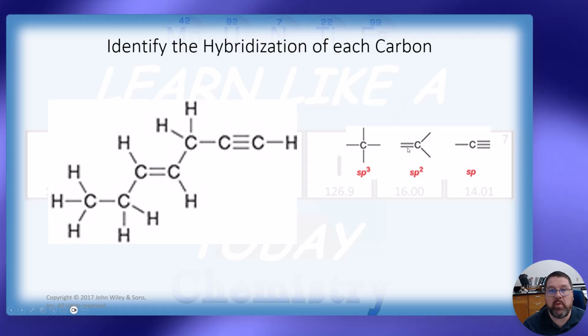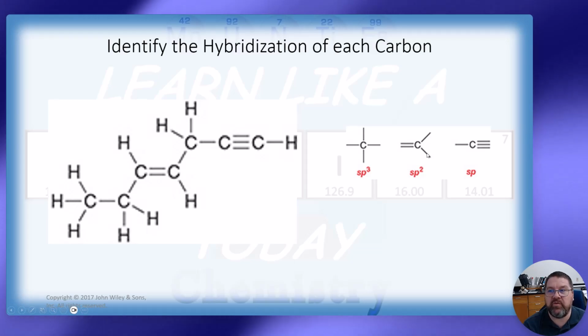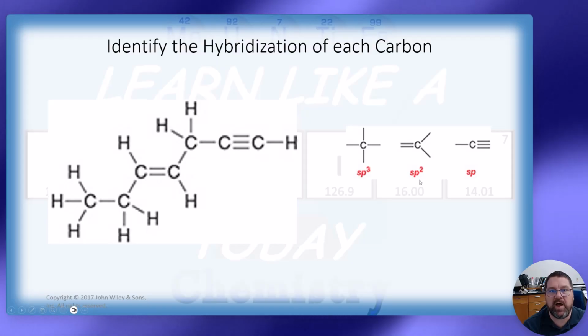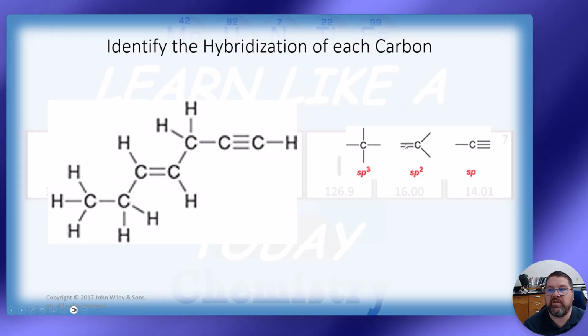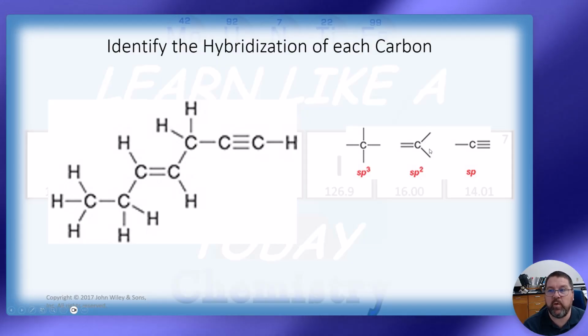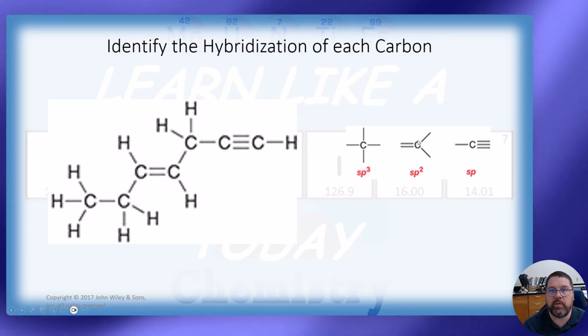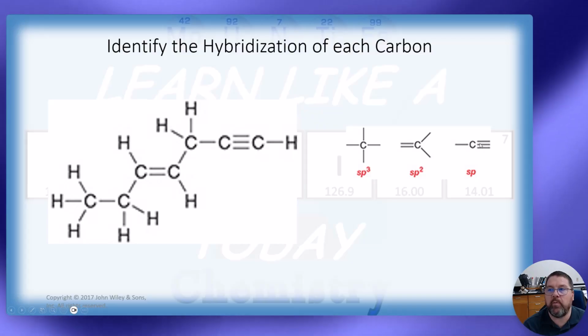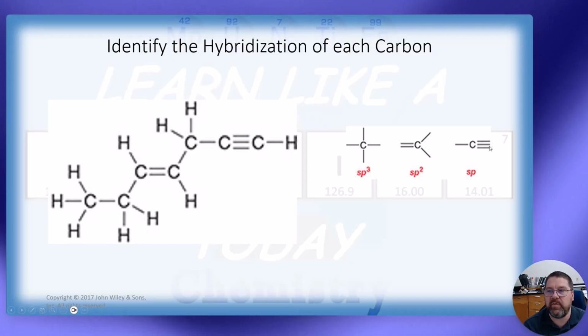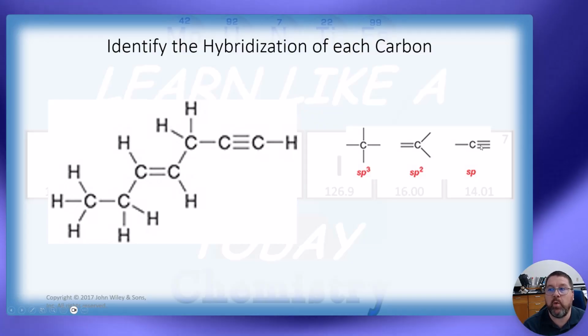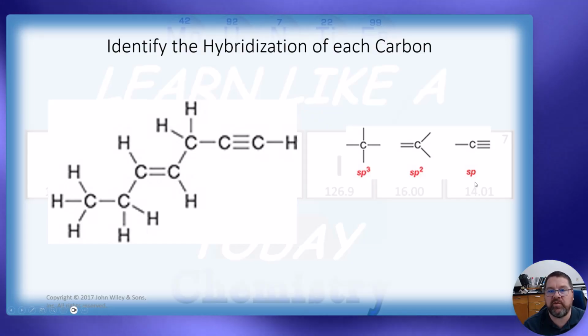If there is a double bond present, that means that carbon is going to form bonds to 3 other atoms, then we see sp2 hybridization. Remember, the sigma bond and the 2 sigma bonds to the other atoms are going to be your hybrids. So 3 hybrids, sp2. If the carbon is bonded to only 2 other atoms, meaning you've got a triple bond or maybe 2 double bonds, that's going to be sp hybridization.